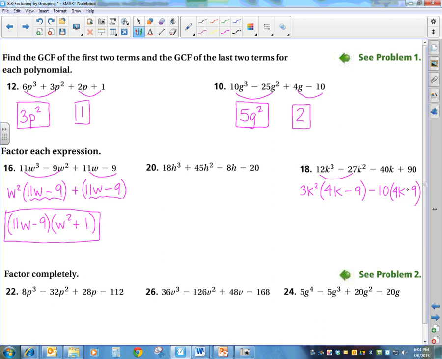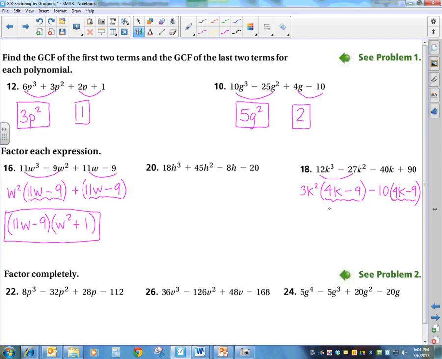Now, your inclination might be to make this a plus, but that wouldn't be the same as this. So, is it really supposed to be a minus? Because they have to be the same. Check your work. If you take a negative 10 times 4k, you get a negative 40k. If you take a negative 10 and a negative 9, you get positive 90k. So that is what it's supposed to look like.